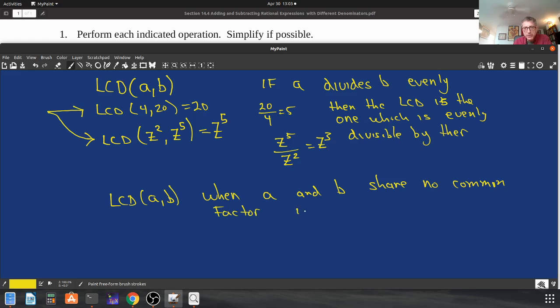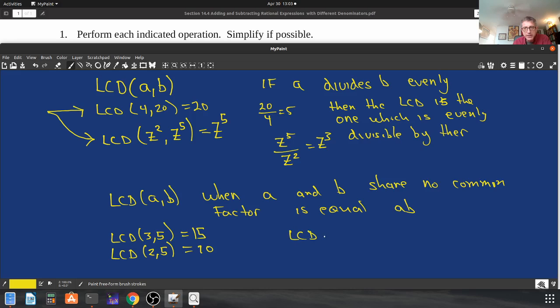That's equal to just the product, A times B. For example, the LCD of 3 and 5. 3 and 5 are both prime, so they don't share any common factors, so that's equal to 15. The LCD of 2 and 5, again, they don't share any common factors. That is 10, which is 2 times 5.